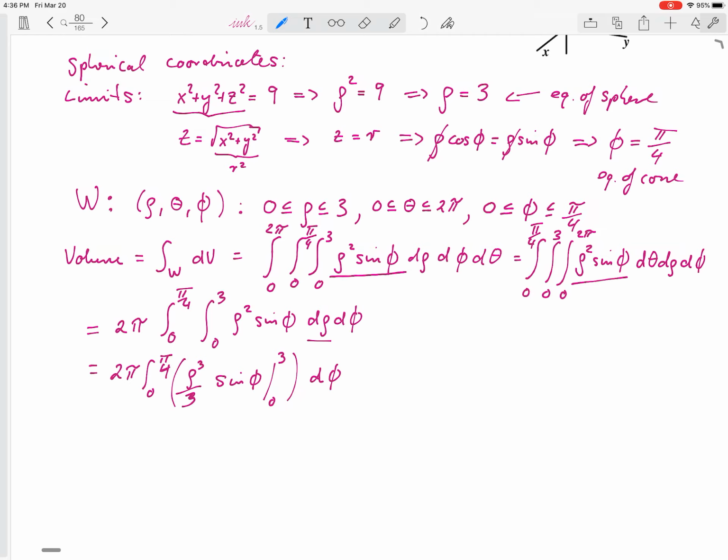So I'm doing this part in the middle right now, and when I plug those limits in, I get 2 pi, still have the integral from 0 to pi over 4 with respect to phi, and I get 3 cubed over 3 sine phi. And when I plug in 0, I get 0, so I don't have to deal with that. And then I have d phi.